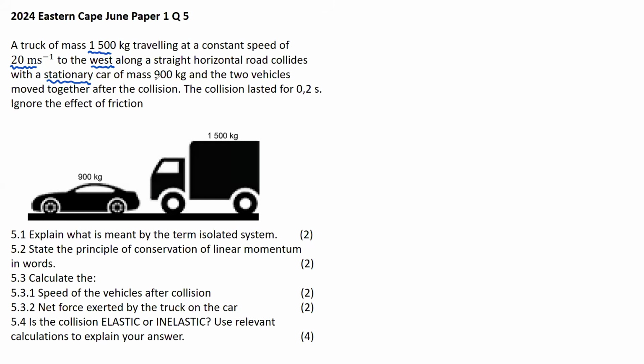The mass of the car is 900. And when they collide, the two vehicles move together. We are also given the time taken for this collision: 0.2 seconds. 5.1 says, explain what is meant by the term isolated system.